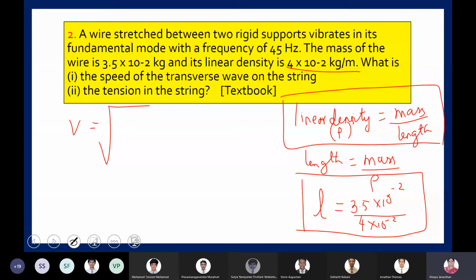Is the tension given, boys? What is the speed of the transverse wave? T by M, where M is mass per unit length, right? That is linear density, yes ma'am, which is given. Okay, T by M, mass per unit length.